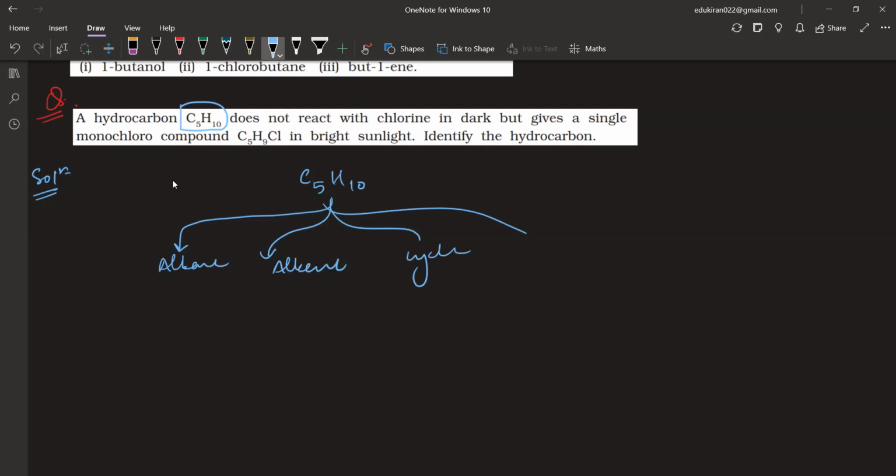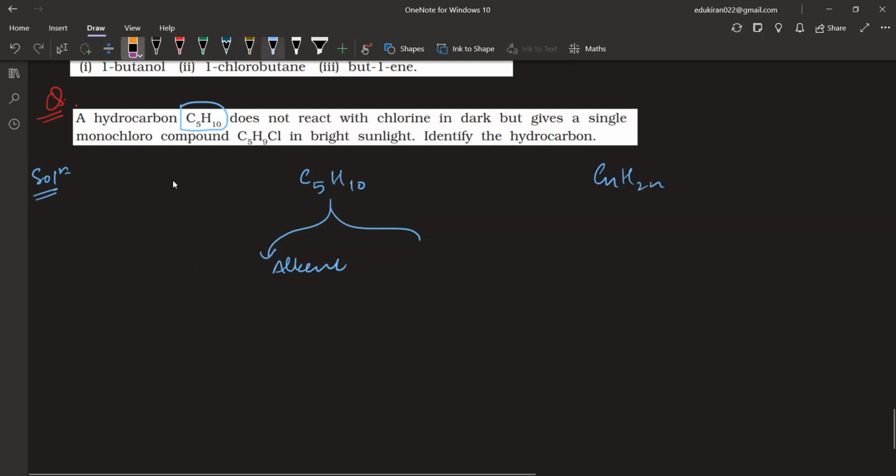There are many classes, right? So we can directly say that it cannot be alkane because alkane has CnH2n+2. Now it can be either alkene because alkene has CnH2n formula, and cycloalkane also has the same formula. Okay, so it can be either alkene or cycloalkane.